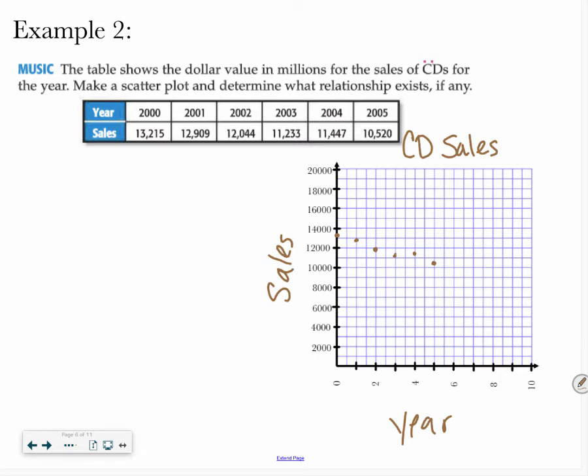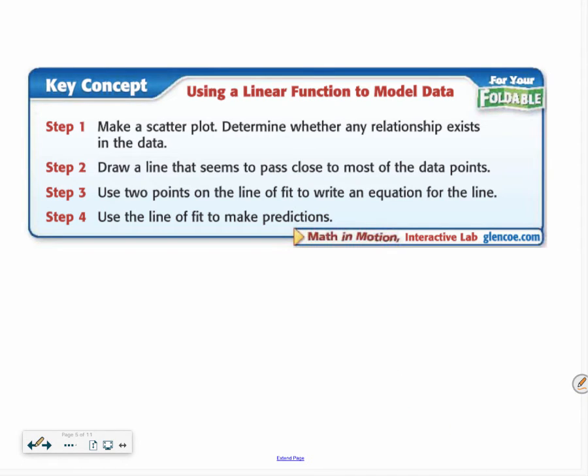What relationship exists among these points? This would be a negative correlation. And then I also want to practice some of those skills that I saw on the last slide. So I've done step 1.